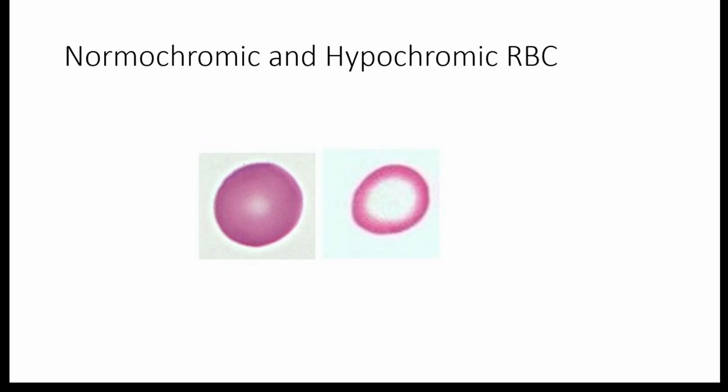When there is a defect in the hemoglobinization, you'll find that the margin of hemoglobin in the RBC is less and the central pallor is more. When the central clearing is more and the rim of hemoglobinization is less than 1/3 the diameter of the RBC, we call it hypochromic RBCs.